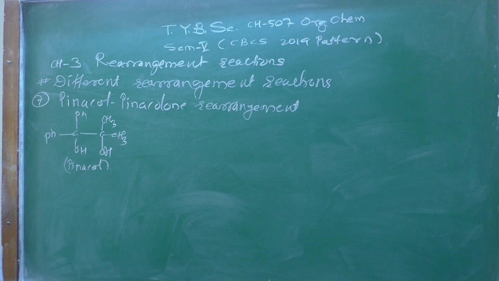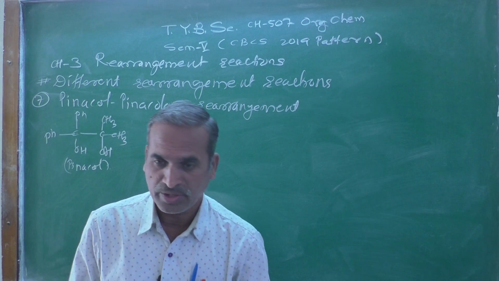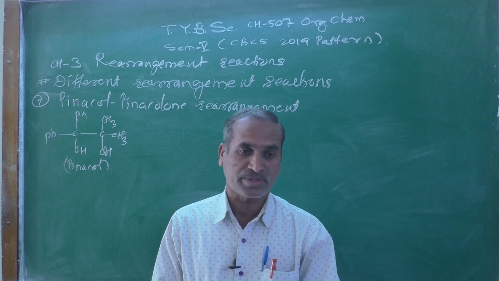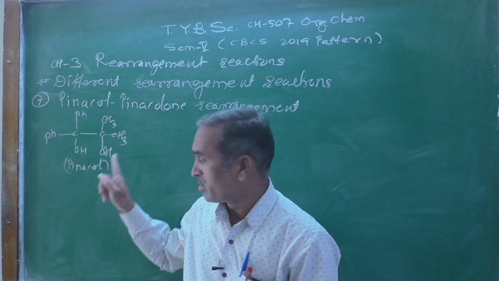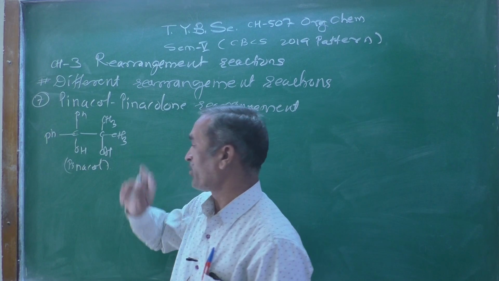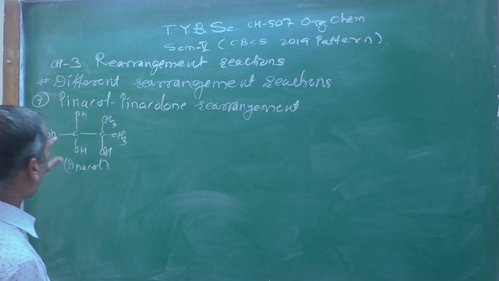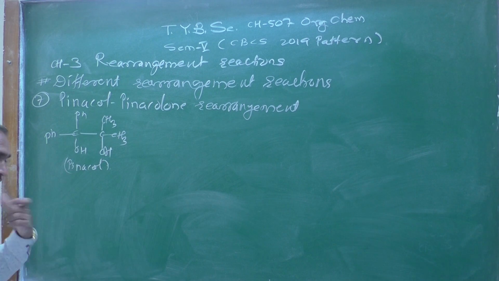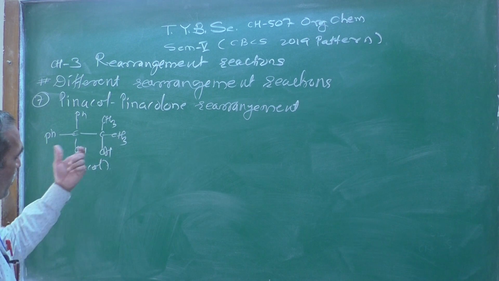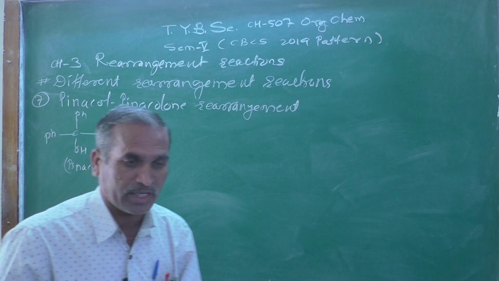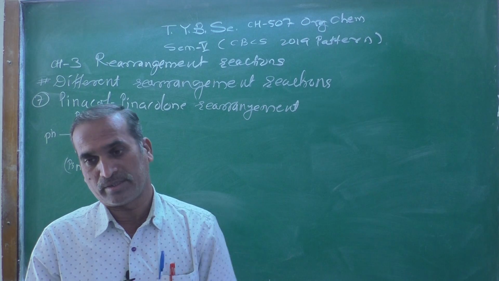Now the big question arises here. The big question is that there are different groups attached to the carbons bearing the hydroxyl groups, a 1,2-diol, no doubt about it, a pinacol. But which hydroxyl group gets protonated first and why?